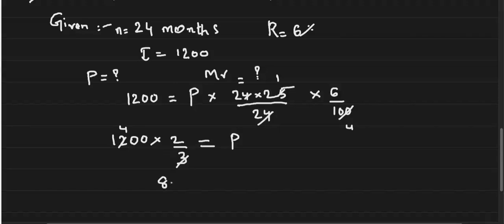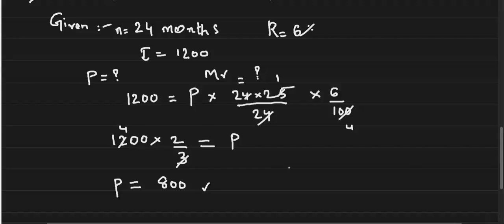So, what is this 800 value? This is our monthly deposit. Monthly, he is paying 800 rupees for the term of 24 months to get an interest of 1200 rupees at the rate of 6%. Got it?